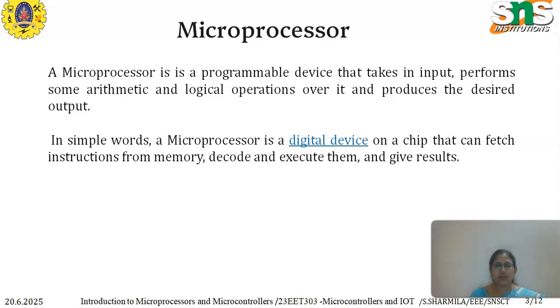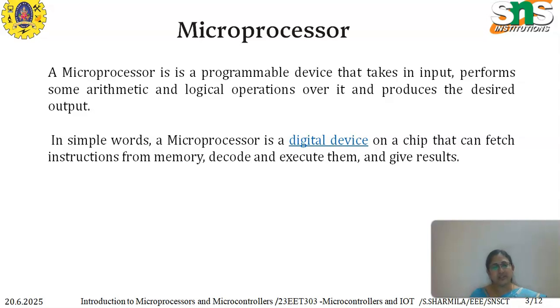It is a programmable device and it takes input from the registers from the outside and it performs some arithmetic operations like addition, subtraction, multiplication and the logical operations also, and then it will produce the desired output.